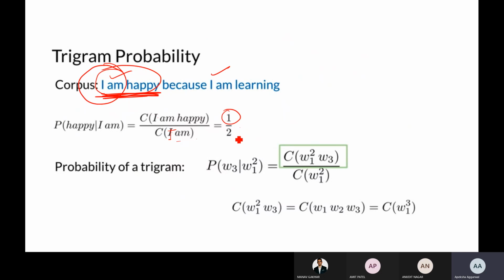And I am has occurred 2 times. So 1 by 2. The probability of a trigram can also be written as the probability of a bigram plus a third word, W3, and then again a bigram. So this is clear up till here.